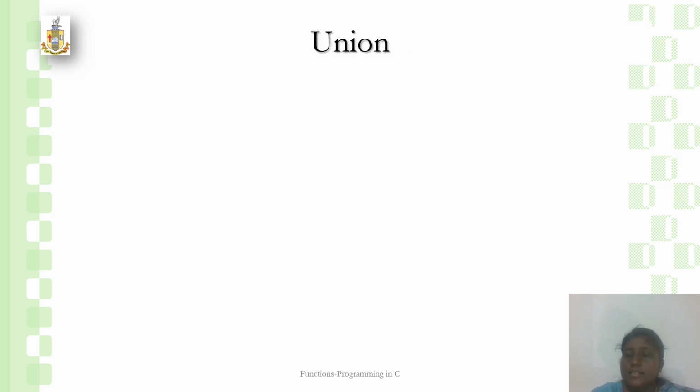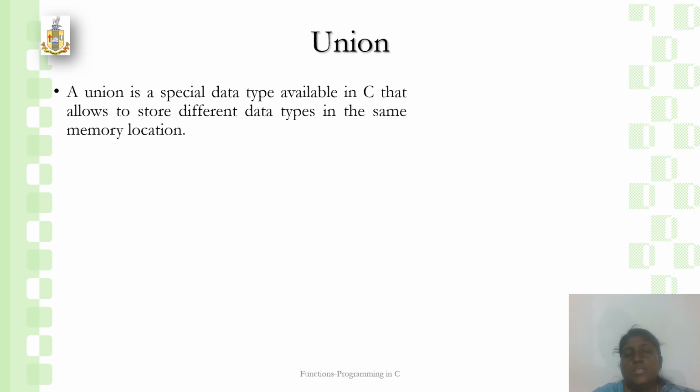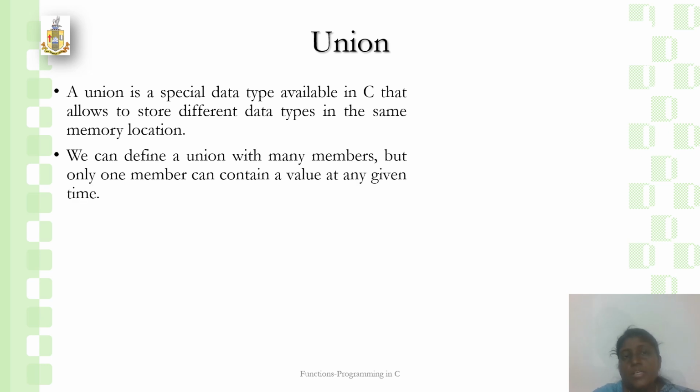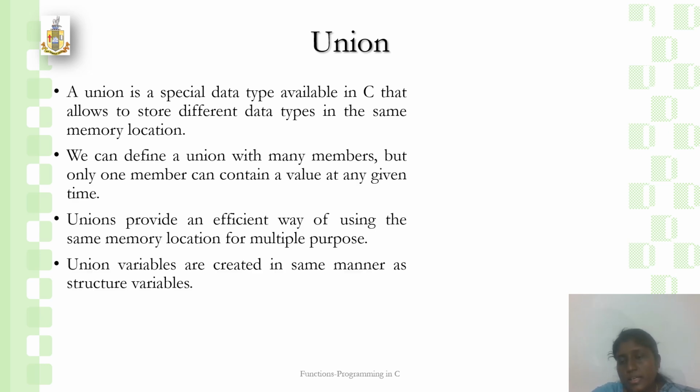And then the last topic is union. Union is a special data type. More or less, union and structure are similar; the only difference is that they carry the keyword struct and the keyword union respectively. In a union, it holds only one value at a time.